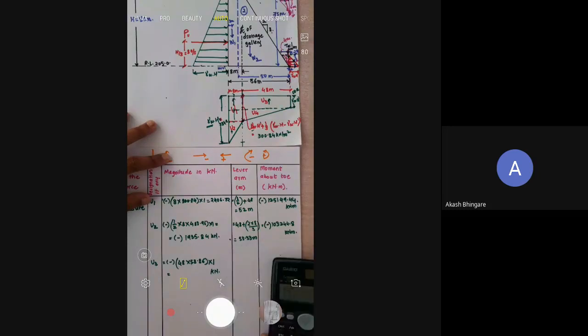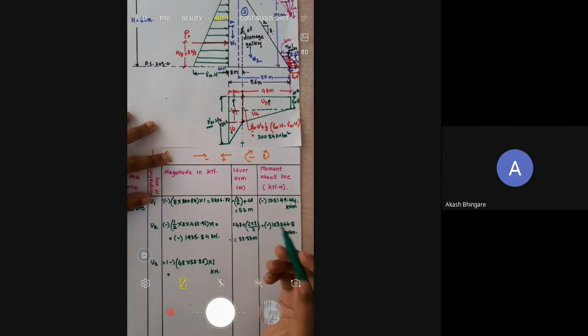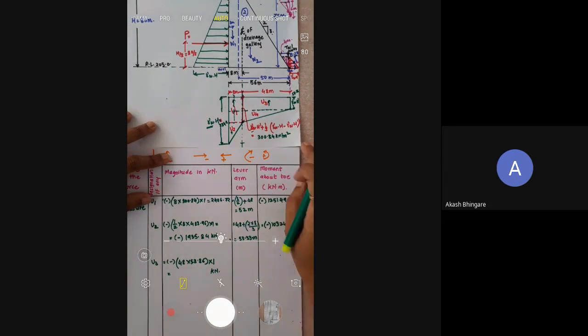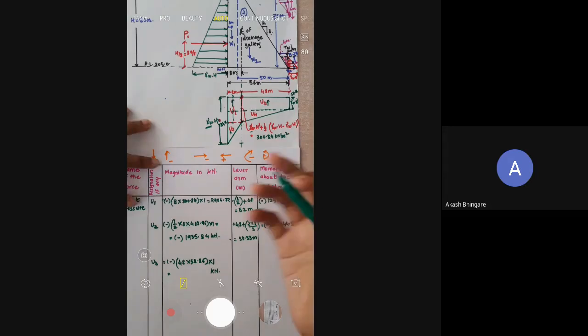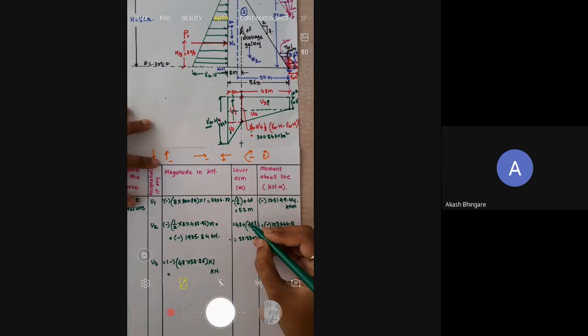So there will be slight difference because whether you have taken this 16 by 3 or 53.33 directly, that will have slight change in the values of moment. So no issue about that. Fine. Okay. So whether you have taken it as 53.33 or this 16 by 3 plus 48, because of that you are getting slightly different values.